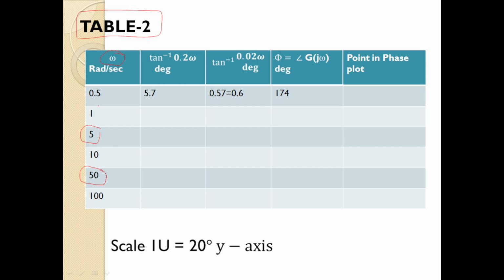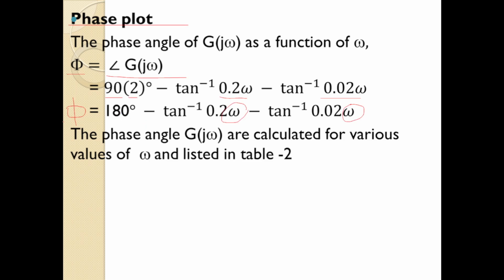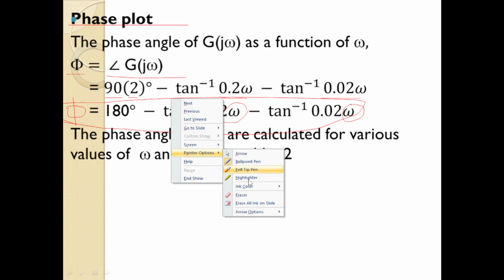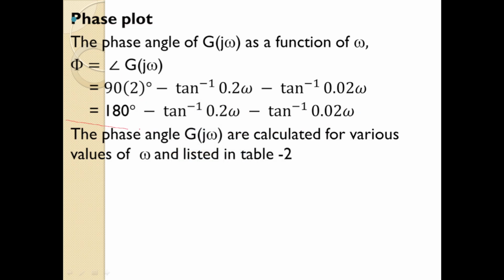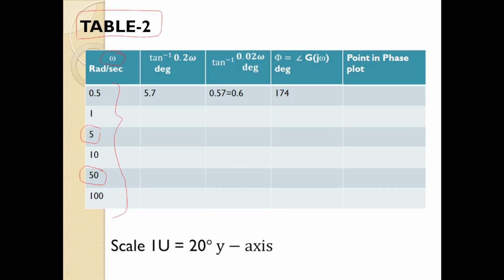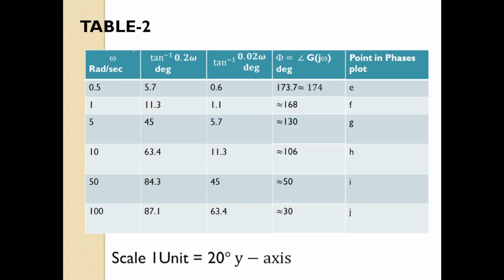You can assume any omega values. Substitute all these omega values in this formula and determine the phi value. I have considered these two terms also in the tabular column, but you can consider only 3 columns; I have considered 5 columns.